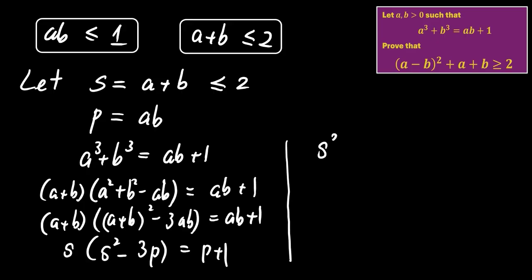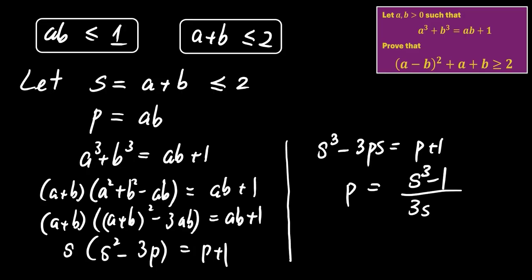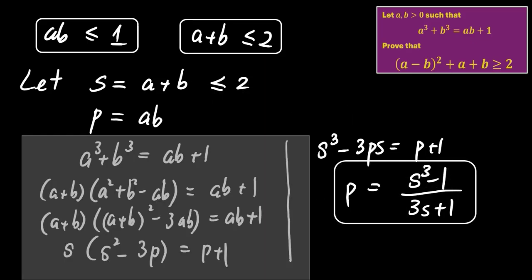Then we have s cubed minus 3ps equals p plus 1, which means that p is equal to (s cubed minus 1) over (3s plus 1). And this is something that we need to use later.